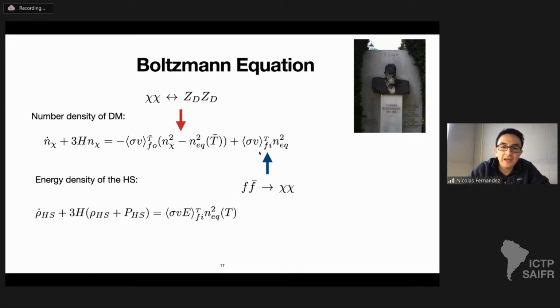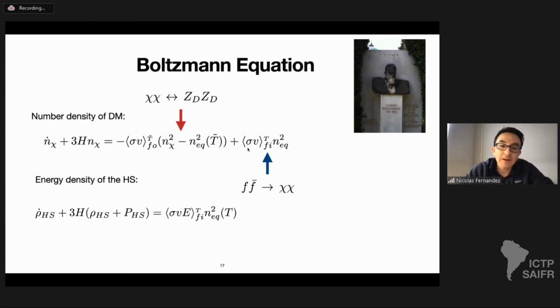But because I'm interested in the regime where I don't thermalize, those terms are negligible. Even though I didn't put them in the plot, in the numerical solution I include those terms.